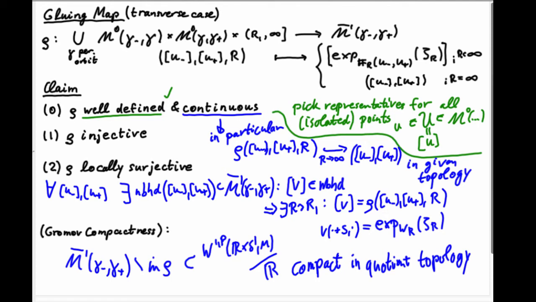So I've mumbled about fixing representations to make the gluing map well defined. Now I should argue about continuity. There are different places. So, continuity at finite R, I would have to argue that there's continuity in the Newton method.